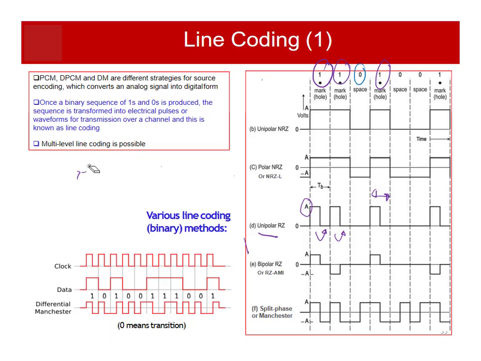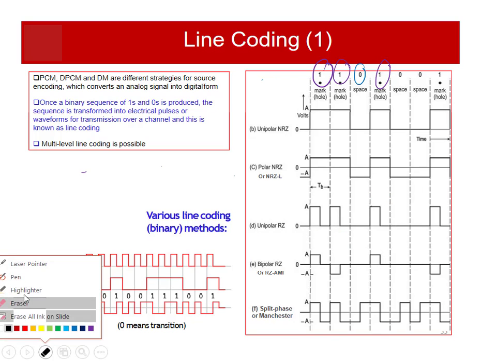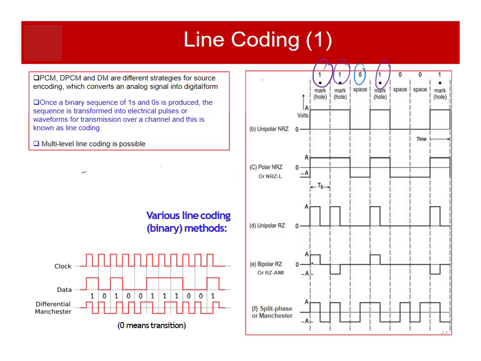Then you should be able to do the bipolar RZ, or the polar RZ, because now we will have the same thing as polar NRZ. For 1 we will have high amplitude A, and it will return to 0 for the rest of the time. There are several ways to encode this.